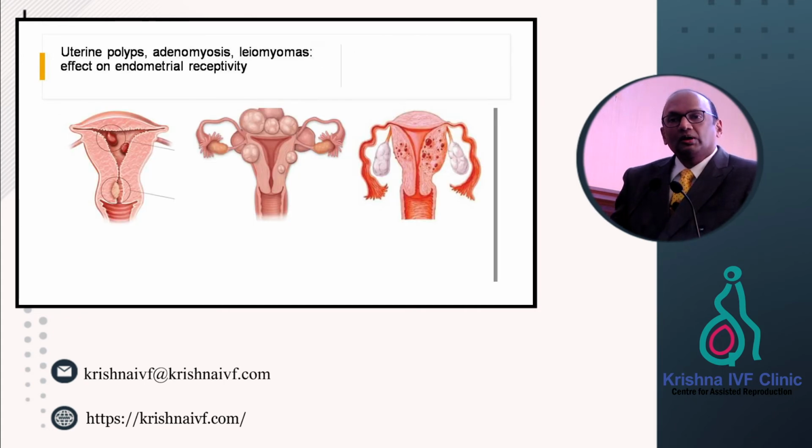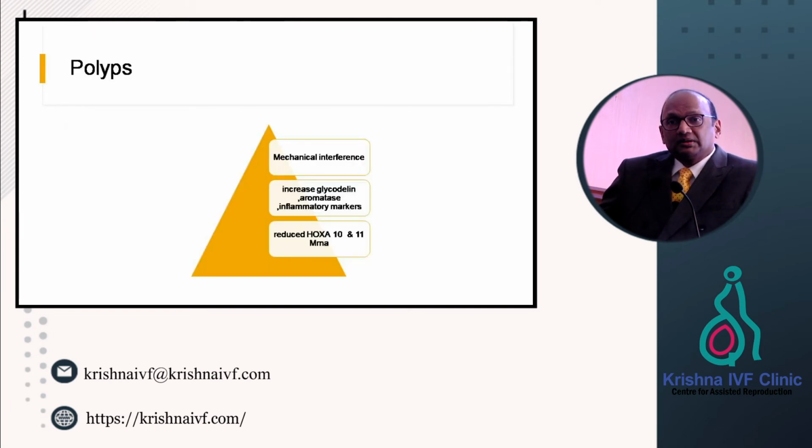When you come to polyps, endomyosis and fibroids, earlier for many years we thought a polyp acts through mechanical obstruction, like a foreign body, but evidence is showing that it affects the Hox gene and in turn changes the other markers of glycogen, aromatase and inflammatory markers, and reduces the mRNA of Hox 10 and 11 genes, so in turn changes the protein.